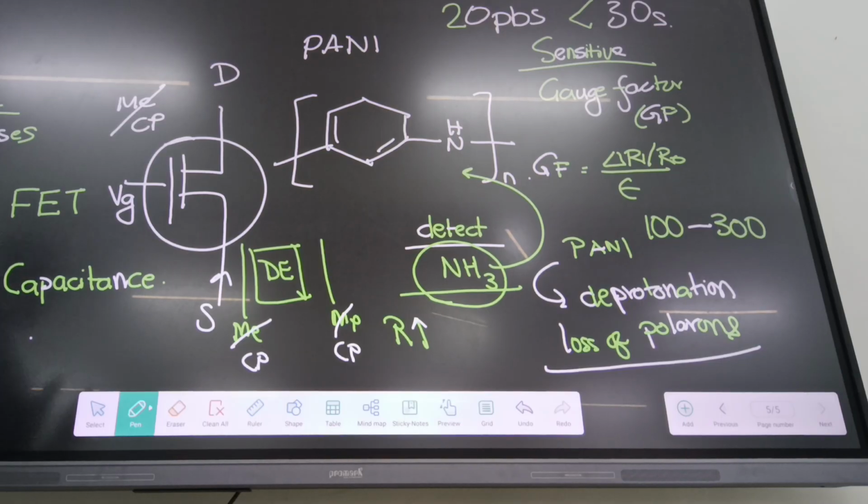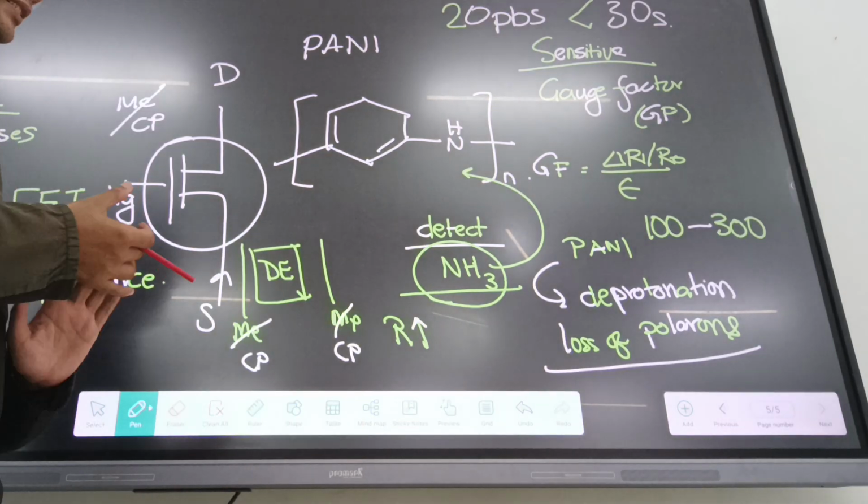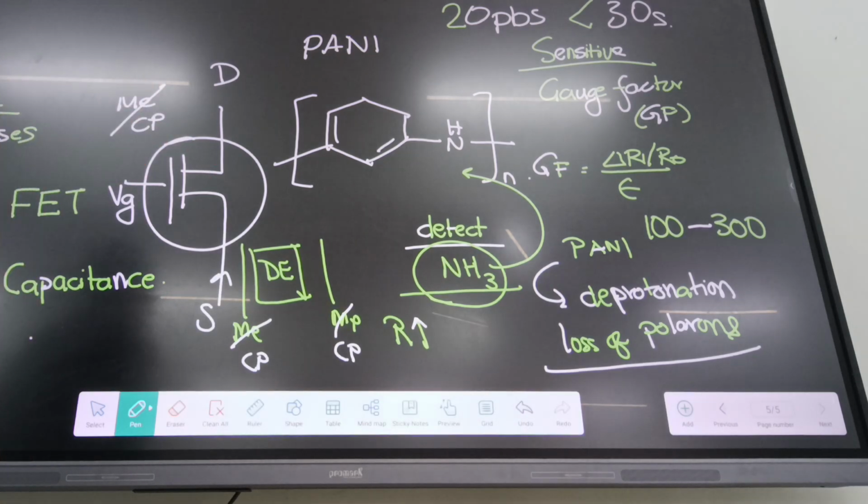For each gas, it's not that we can only use one type of polymer.